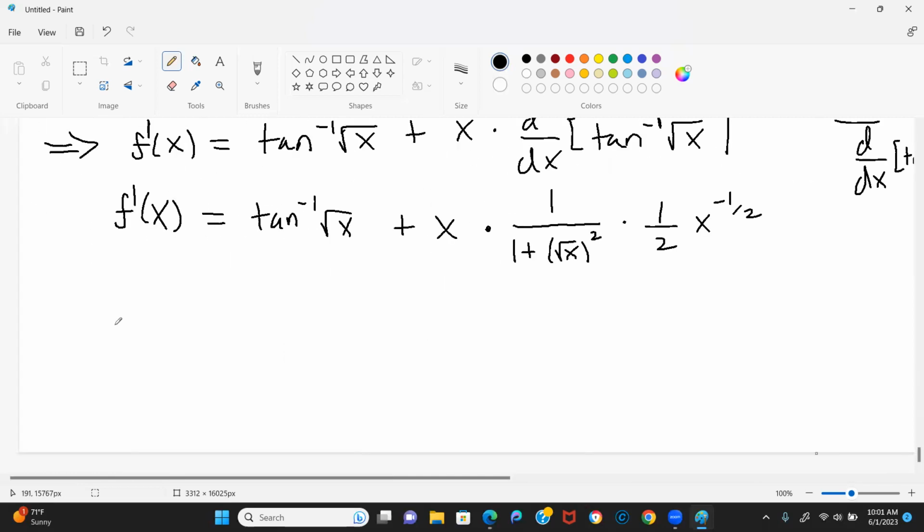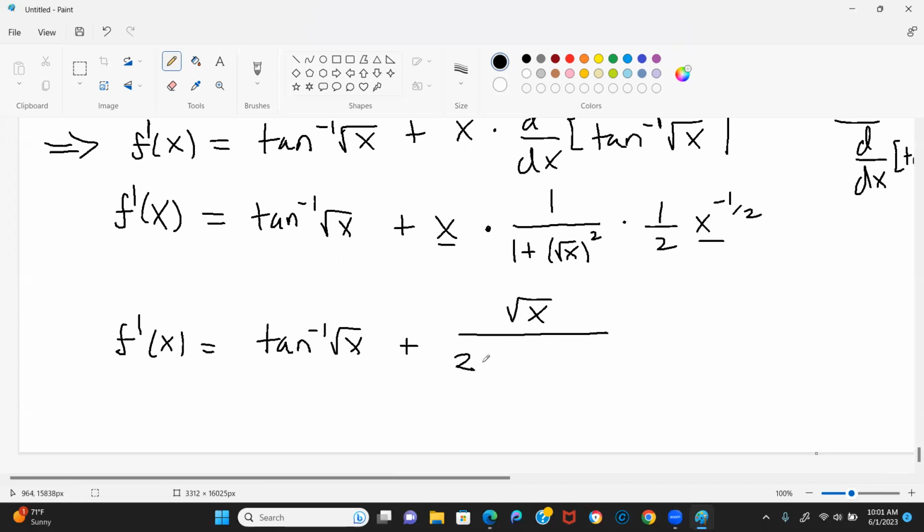All right. And then when you simplify this, let's see, what do you get? The second term here is going to be, okay, so you have an x here, and then you have x to the negative 1/2. So in the numerator, we're going to get square root of x over 2 times this denominator right here.